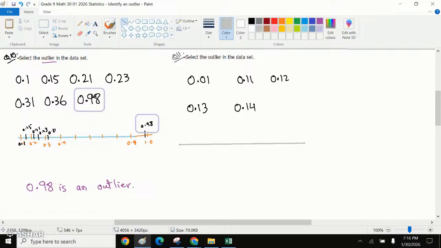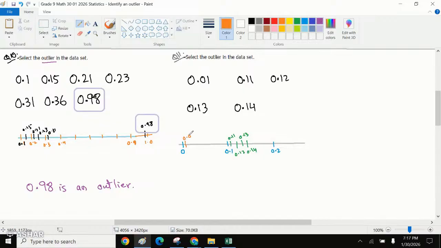If we have a number line, let's label these numbers. If I say this is 0, 0.1, 0.2, right? Can I say 0.11 would be over here? 0.12, 0.13, 0.14.